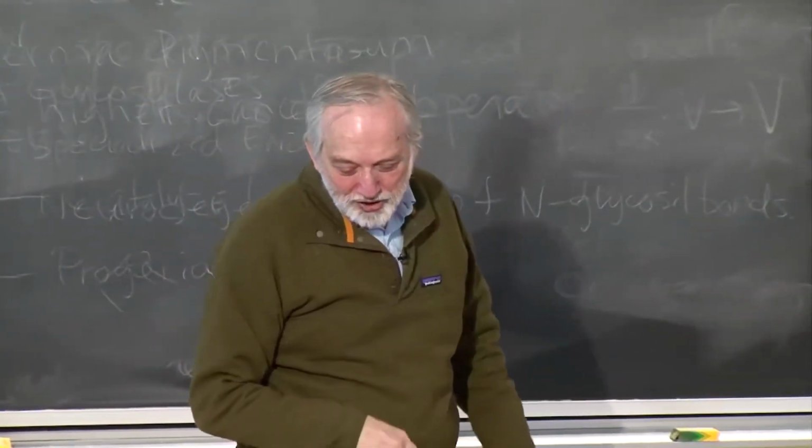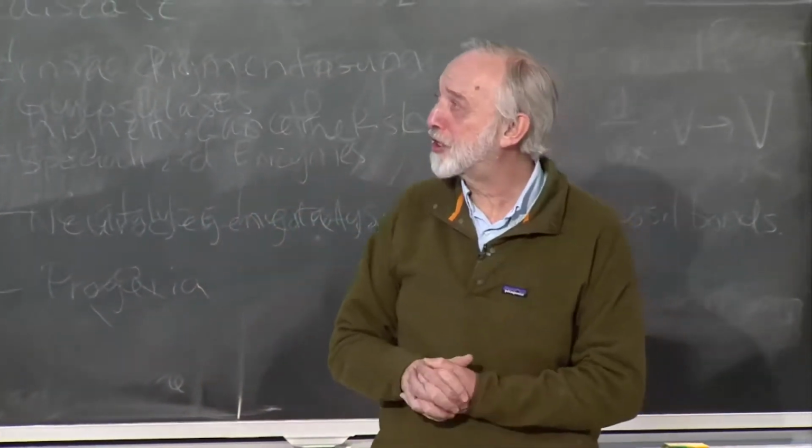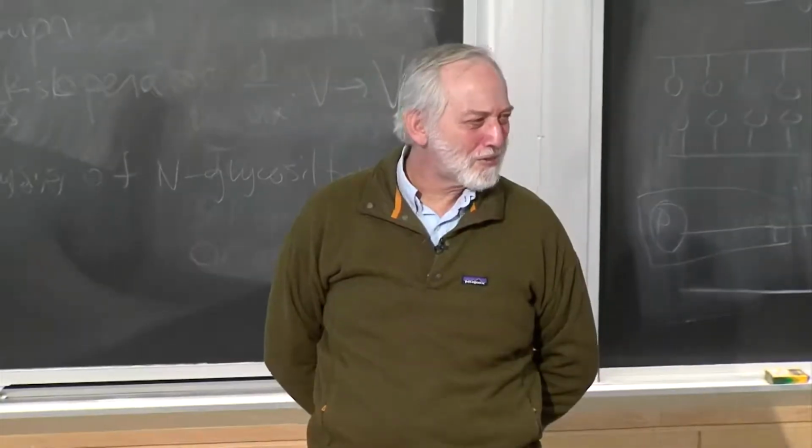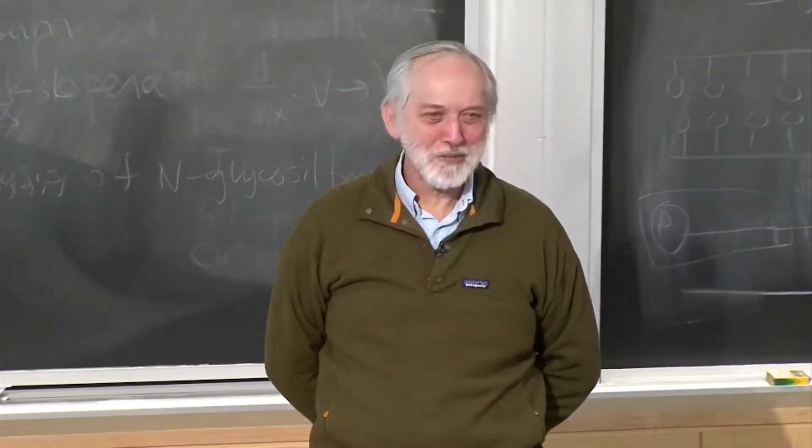So here's what's interesting. If you look back again at the Shakespeare corpus and say, if we generated Shakespeare from unigrams, you get stuff like at the top. To him swallowed confess here both, which of save on trail for R.I. device and wrote life have. Doesn't sound terribly good, right? It's not very grammatical.